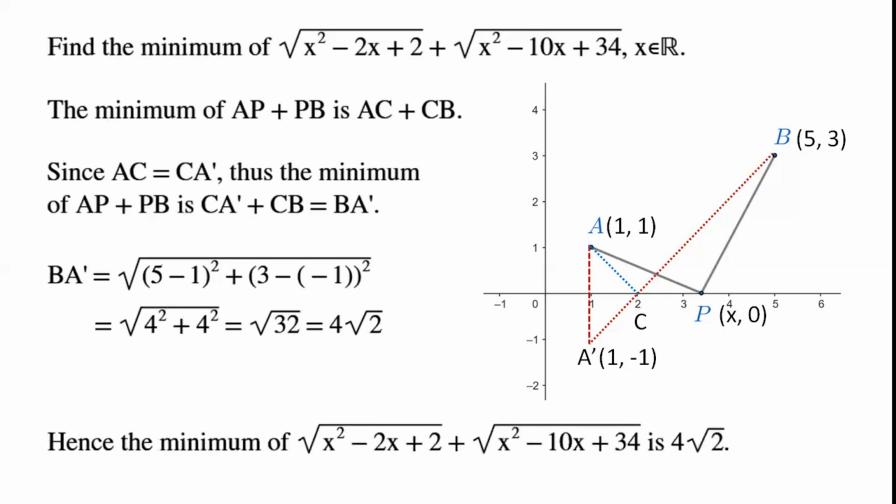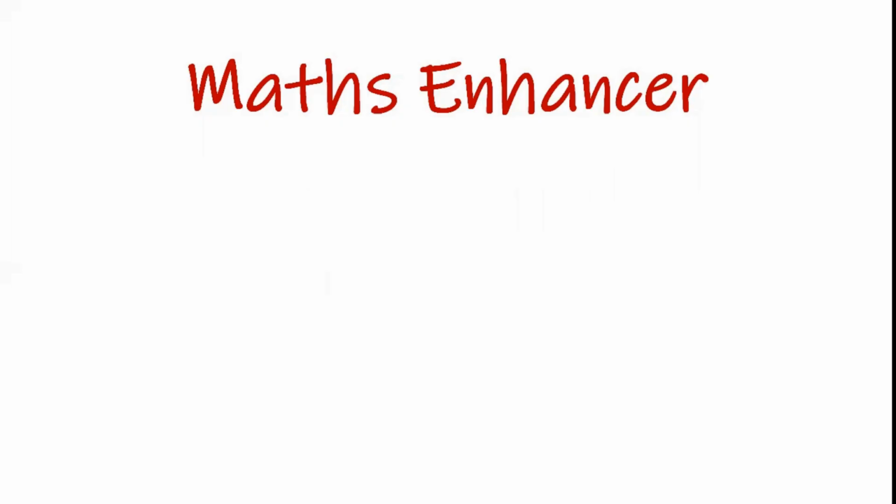Hence, the minimum of root of x squared minus 2x plus 2 plus root of x squared minus 10x plus 34 is 4 root 2.